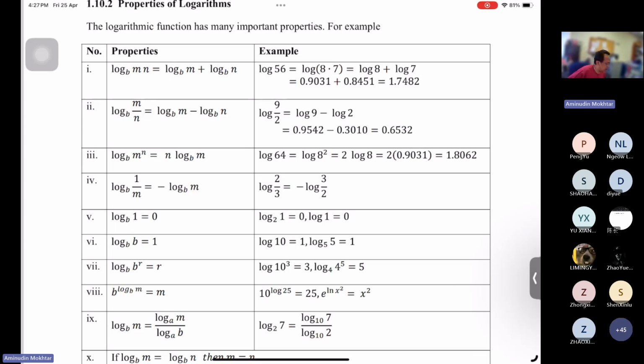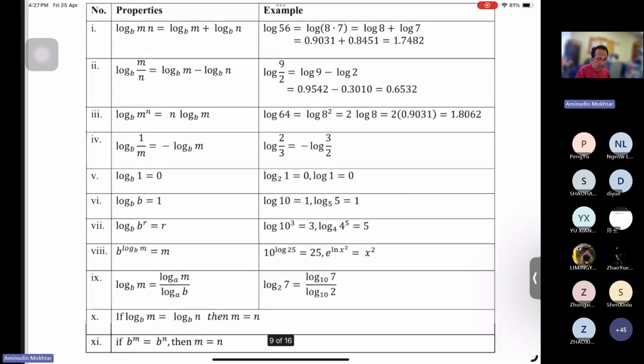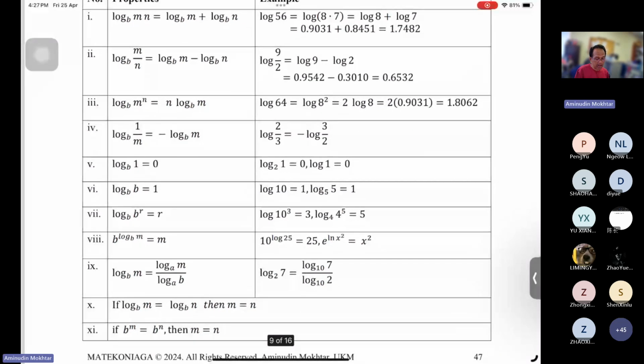In this class, I will not ask you to memorize all of these properties, but I hope you can try to learn about them.